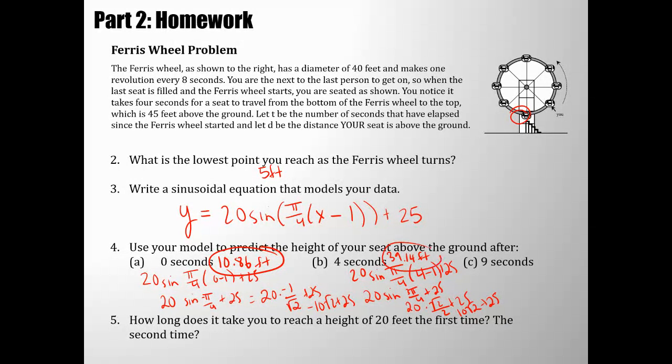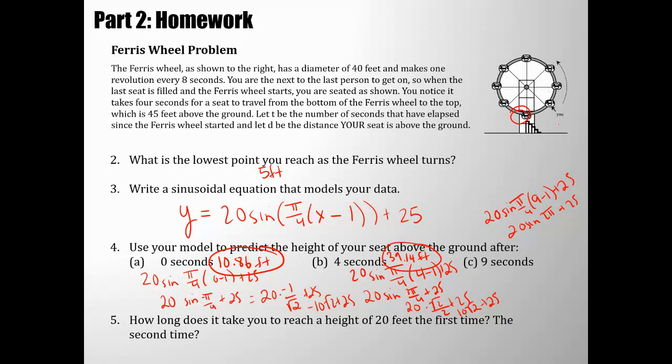feet. And finally, with this 9 seconds over here, you've got 20 sine of pi over 4 times 9 minus 1 plus 25. That's 8 pi over 4, 2 pi plus 25. 2 pi is that full rotation.